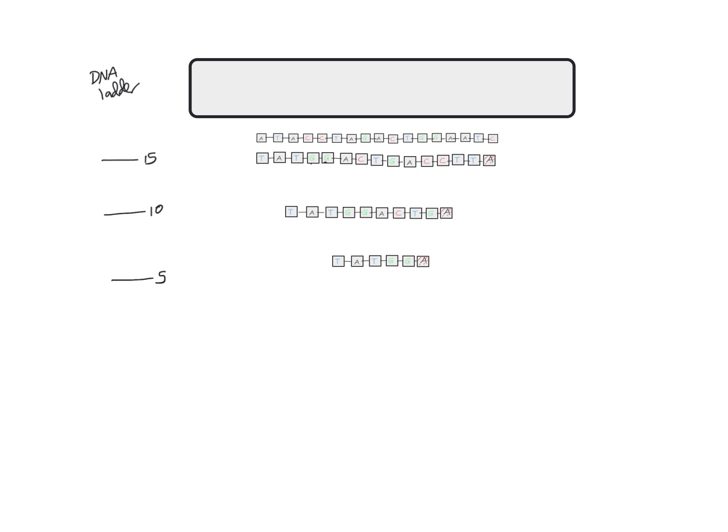Now, if this strand here has travelled the same distance as a fragment in your DNA ladder, which is 15 bases long, then you know that this strand is 15 bases long and it must end in a terminator adenine, which means that 15 bases along your original strand, there must have been thymine.